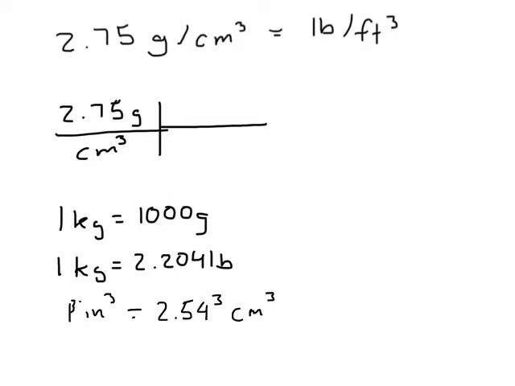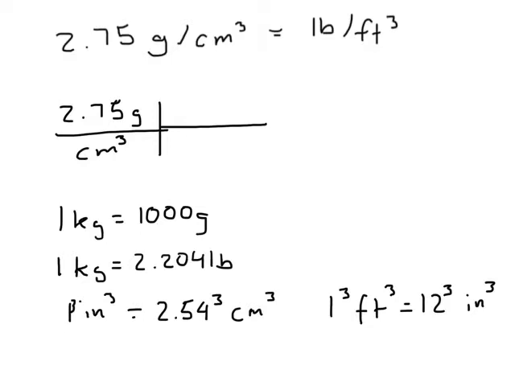I'm just going to write 2.54 cubed. And now I'm going to do 1 cubed foot cubed equals 12 cubed inches cubed. And so that takes care of me having to do 12 times 12 times 12 to convert my inches into feet. So I can take care of that all at once.